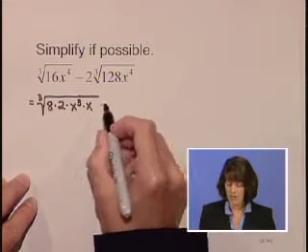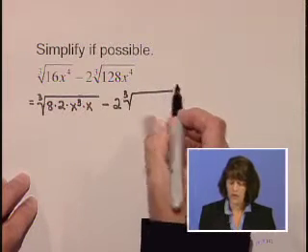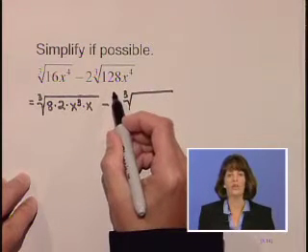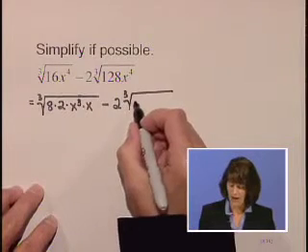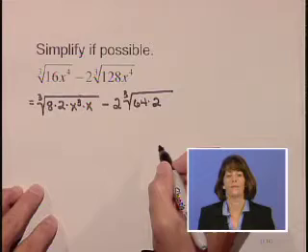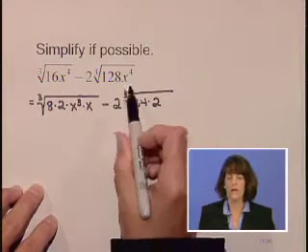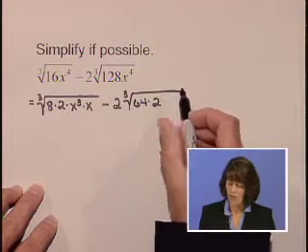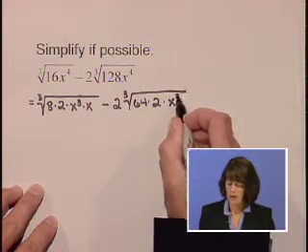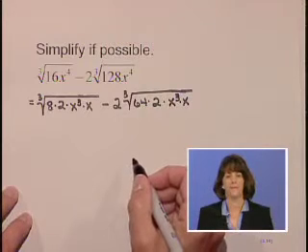Looking at our second term, 128 isn't a perfect cube, but it does factor as 64 times 2. 64 is a perfect cube. And let's again rewrite x to the fourth as x to the third times x.